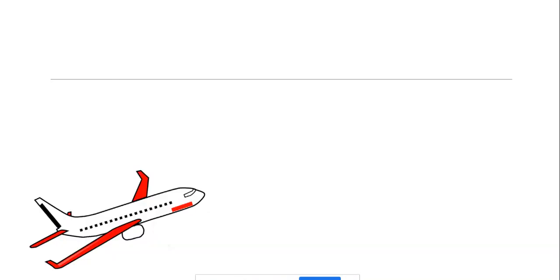Now the aircraft is taking off from the airport. As I told earlier, the aircraft will have different phases of flight, like engine startup, takeoff, then cruise.